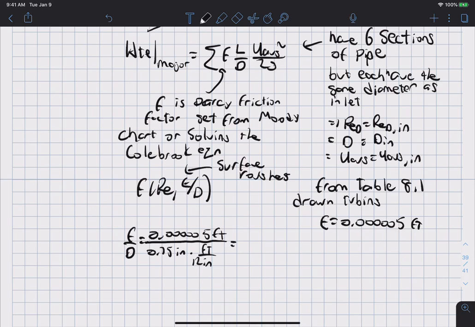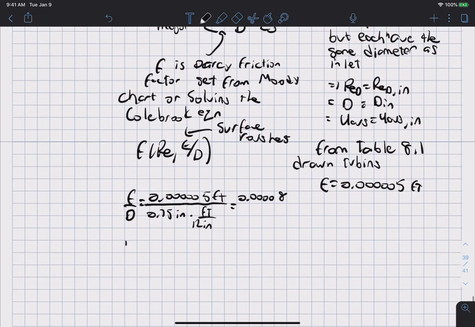That implies that the relative roughness equals 0.00008. Okay? And Re_D we already calculated above, so that's the same as the inlet, and that equals 45,000. Okay?